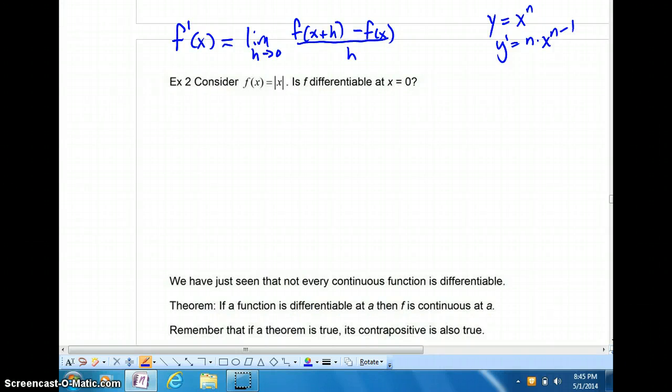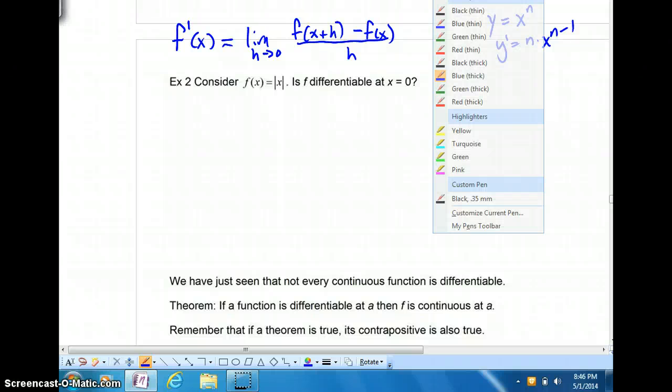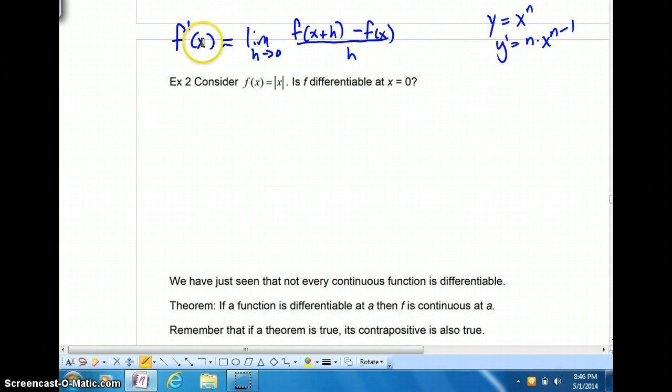You're going to see that the absolute value of x does not fit this type of function. So you might wonder, could we evaluate the derivative at x equals 0? The answer is yes, and what we're going to do is use this limit definition. In fact, we are forced to use this limit definition. We can't use the shortcut.